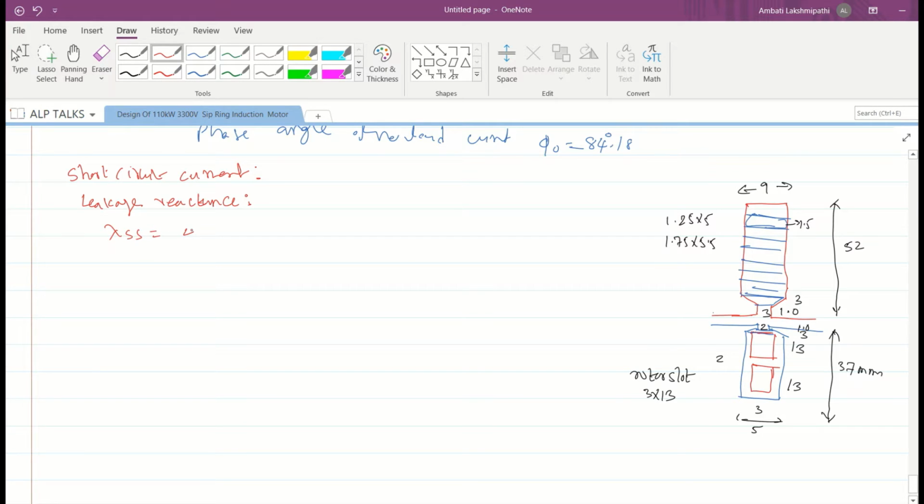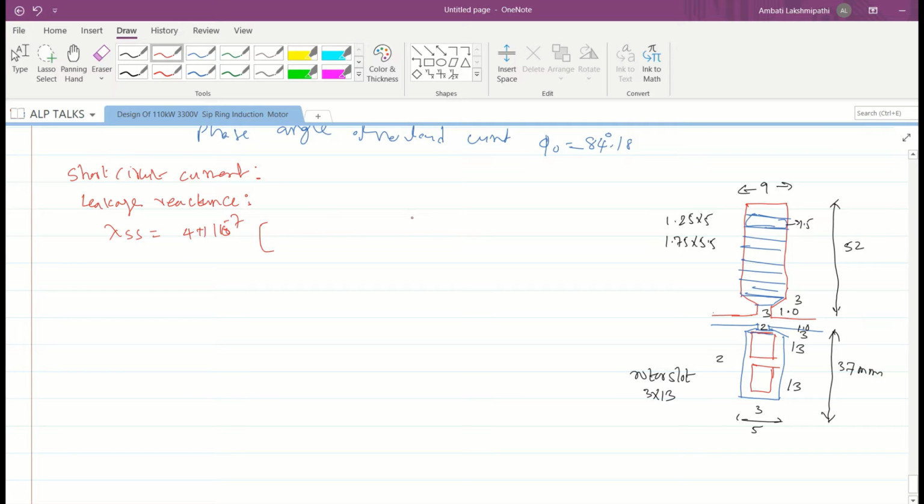For example, the formula is like this: 4 pi into 10 power minus 7. We have different parameters in this, and all the parameters are mentioned on the right-hand side.